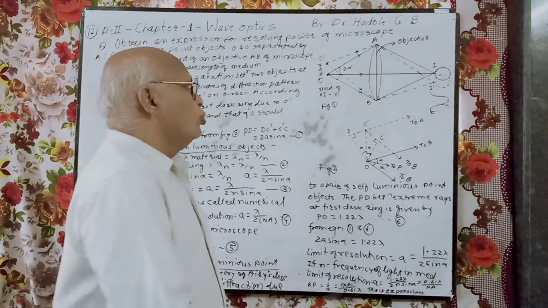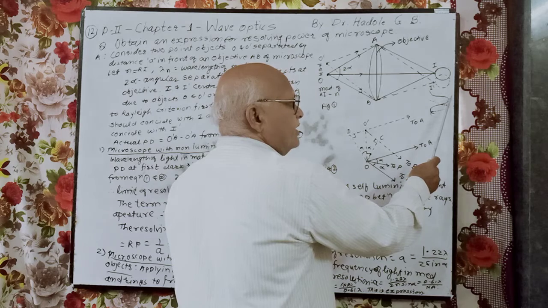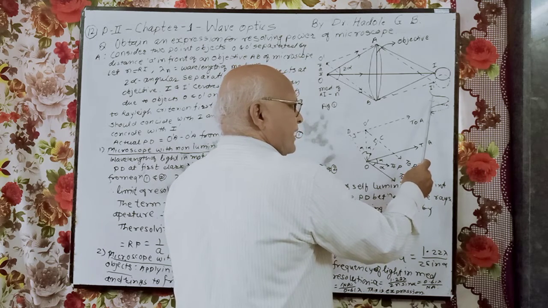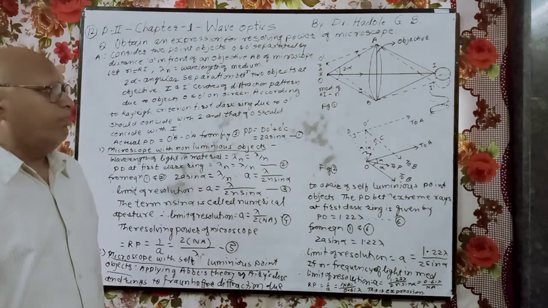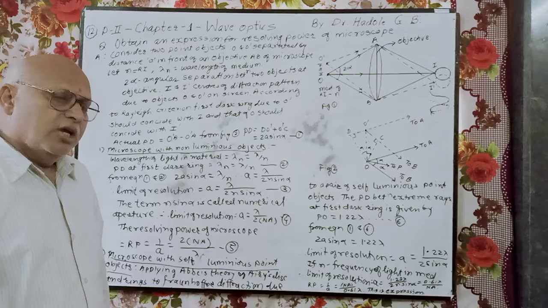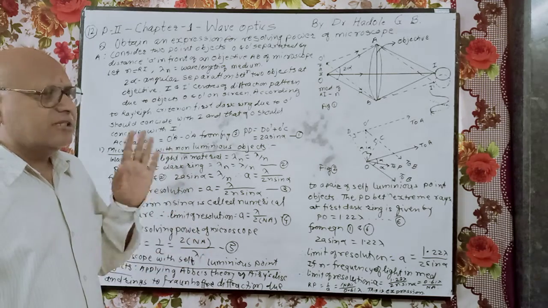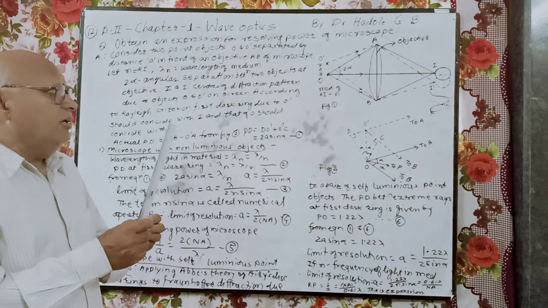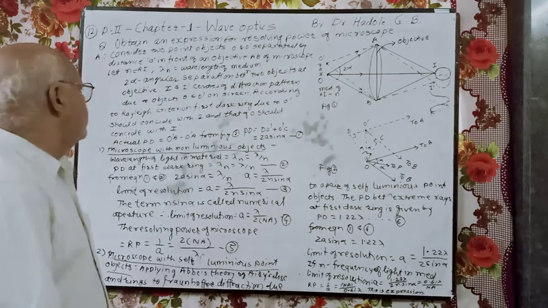Now, to resolve these objects, the central maximum of the first diffraction pattern coincides with the first minimum of the second diffraction pattern, and therefore the Rayleigh second criterion is satisfied, and we just resolve the two images of the object.